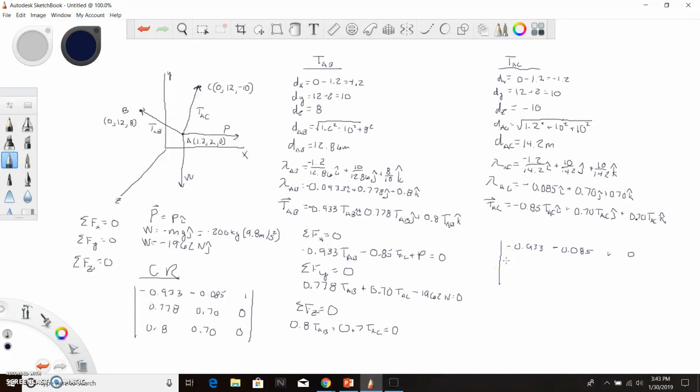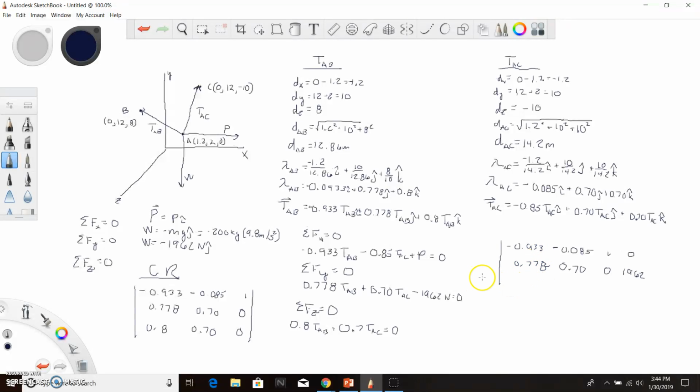Next row, the y direction: 0.778, 0.70, 0 because there are no P's, equal to 1,962.